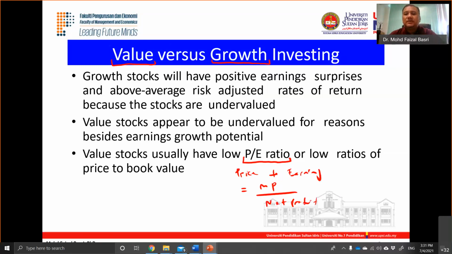So there are two scenarios. As an investor, as a buyer earlier, okay, besides the IV, we can also use the PE ratio, whereby the lower the PE, okay, it indicates that the stock might be undervalued.